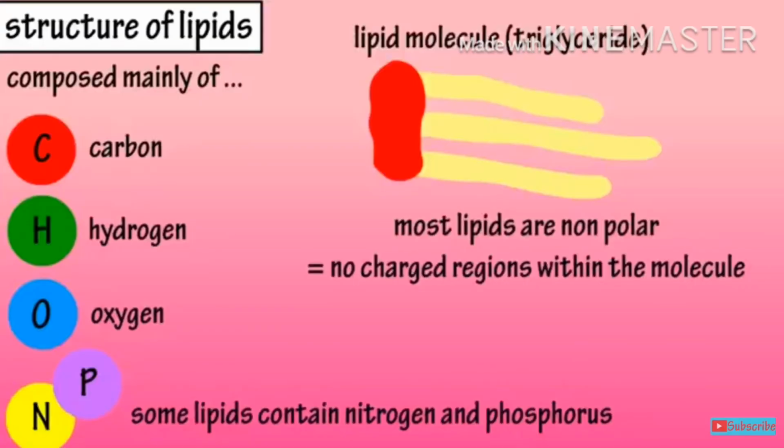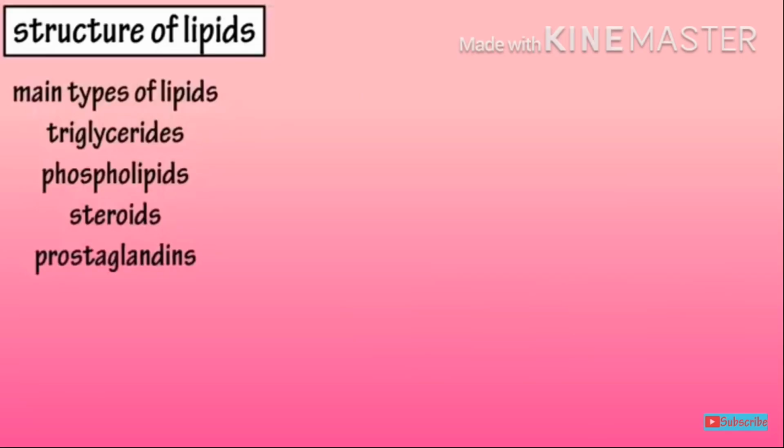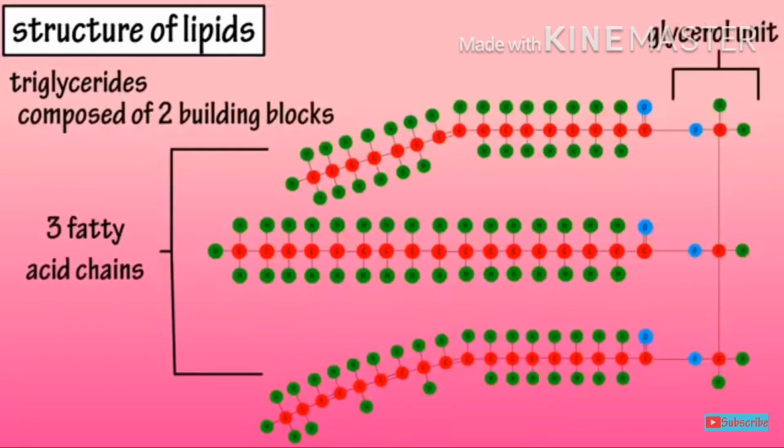Lipids are organic compounds. The structure of lipids is composed mainly of carbon, hydrogen, and oxygen, and some lipids contain nitrogen and phosphorus. They do not dissolve in water because they are nonpolar. Many types of lipids are triglycerides, phospholipids, steroids, and prostaglandins.